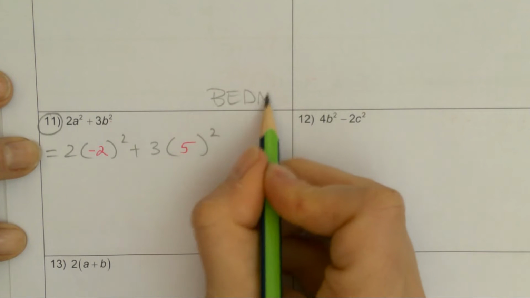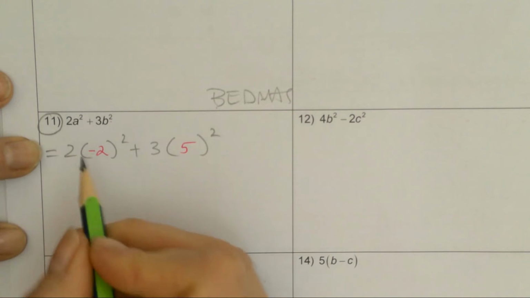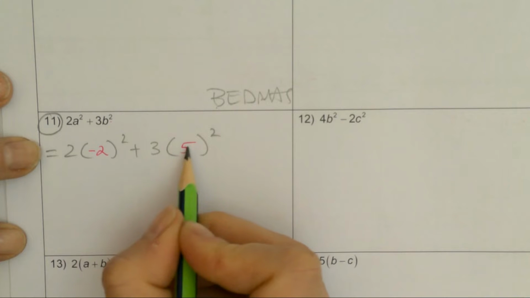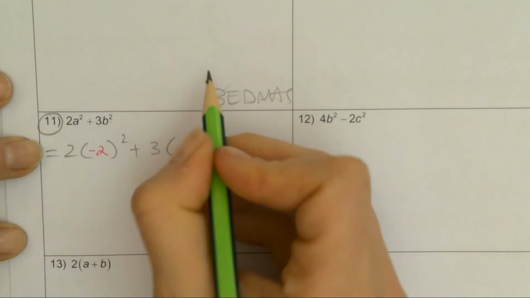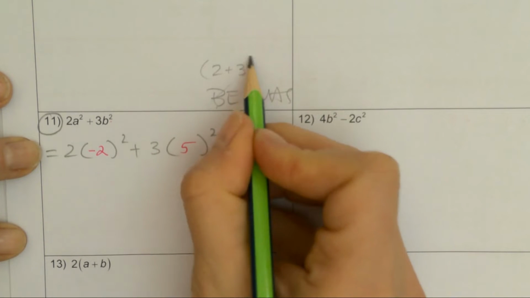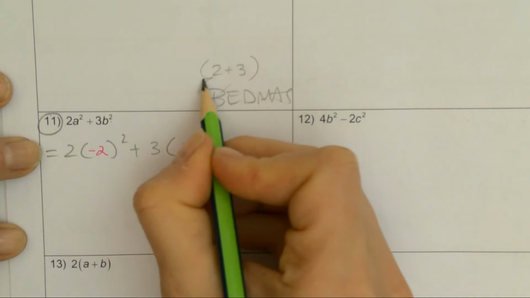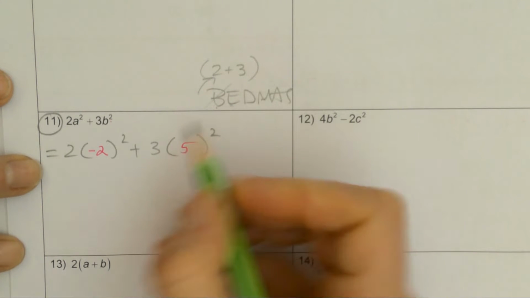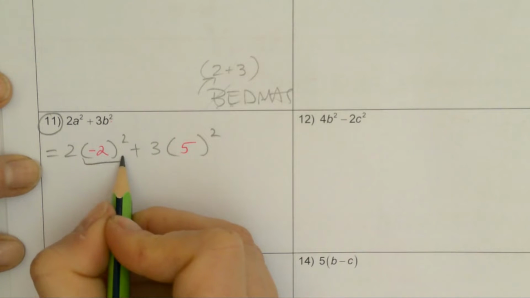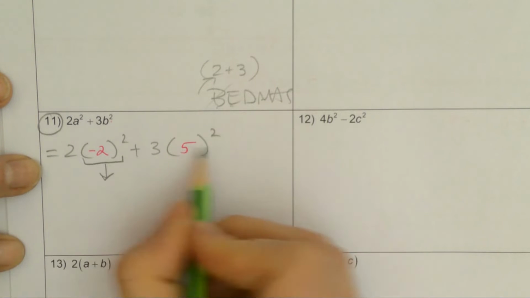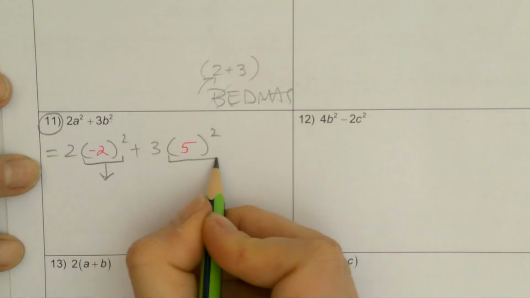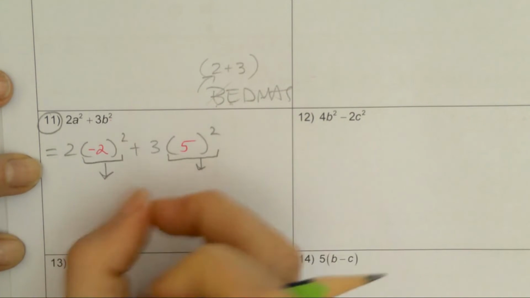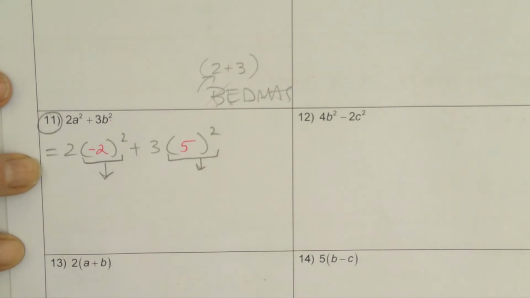Inside the brackets, the negative 2 is by itself, and the 5's by itself, so I can't do anything. If it looked like 2 plus 3 inside the brackets, I could do something. But here they're alone. So now I have exponents. This exponent's far away from the other, so I can do them at the same time. This one is not touching this one. If they were touching, I would always do the left one first.